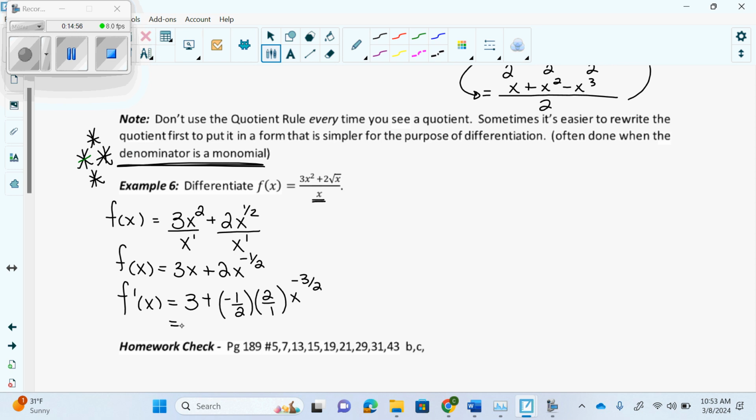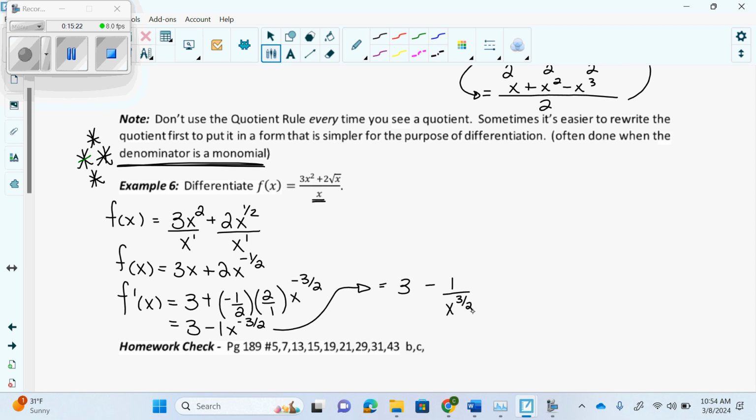Okay, so we get 3 plus, what's negative 2 over 2? Negative 1. So I don't need a plus sign. So it's negative 1, x to the negative 3 halves. If they make positive fractions, they might rewrite it as 3 minus 1 over x to the 3 halves, positive.